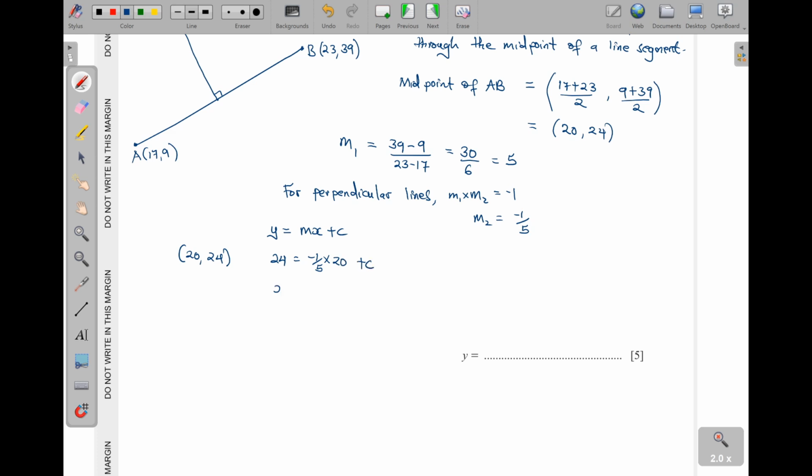So our mandate is to find the value of c. This one will be -4, then plus c. So when this one crosses, it will be 24 plus 4, which is equal to c, and then c becomes 28. So meaning the equation of the perpendicular bisector is going to be -1 over 5 of x, then plus 28.